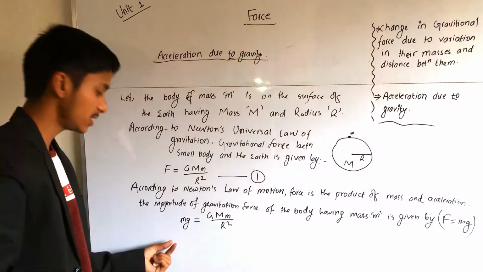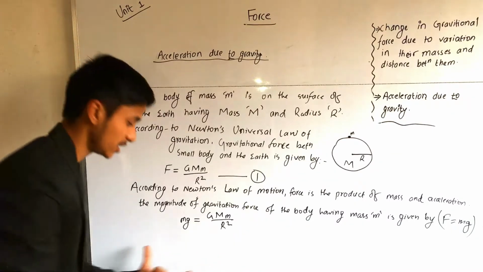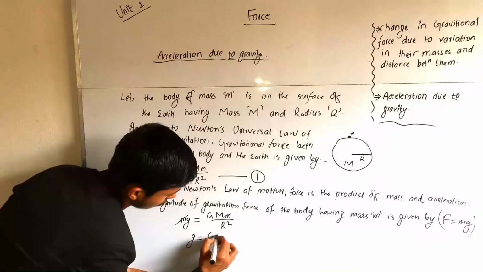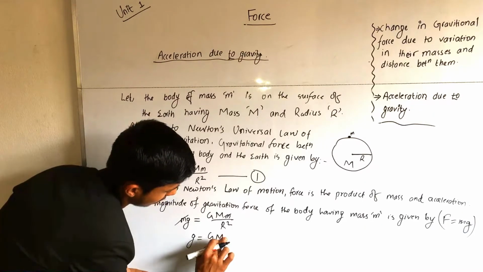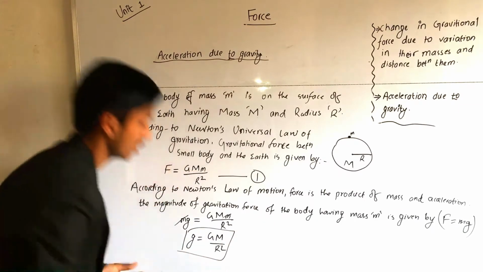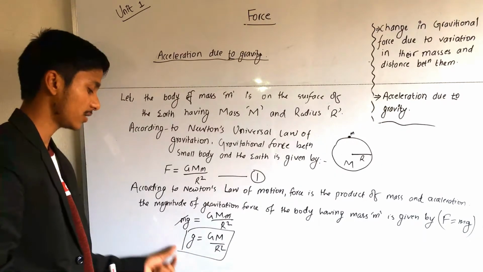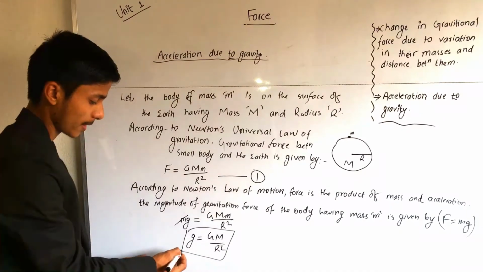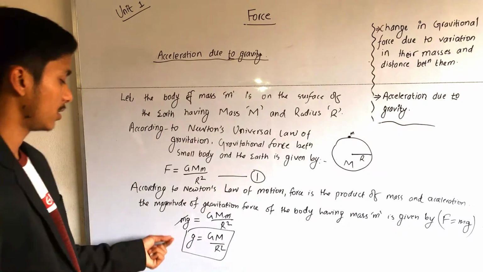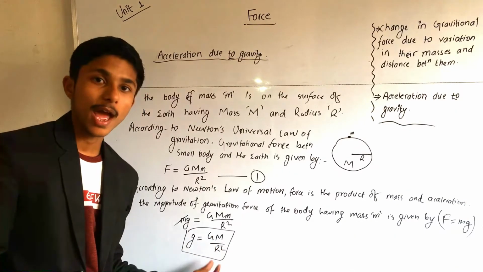Since this small m is the same, we can cancel this small m and write here g is equal to capital M by r square. The body is the same, so their masses are also equal.